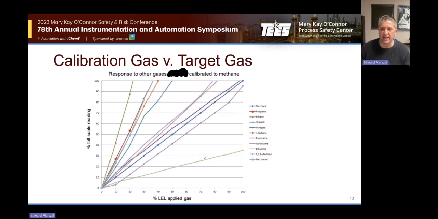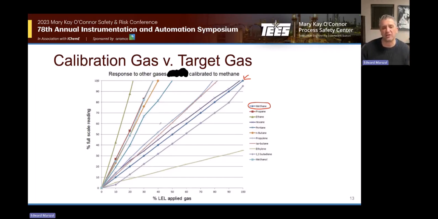For methane, you'll see that methane is your blue line here, so it's this one right here. And as you would expect, 0 to 100% LEL is 0 to 100% of your full scale reading, because that's exactly what you calibrated for.